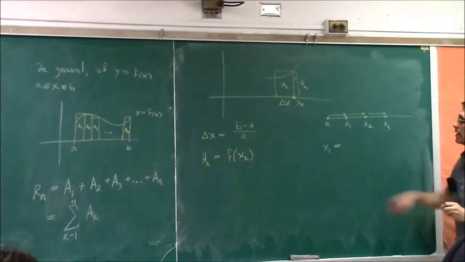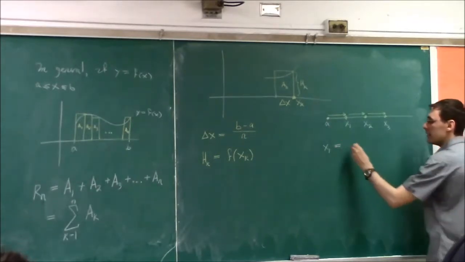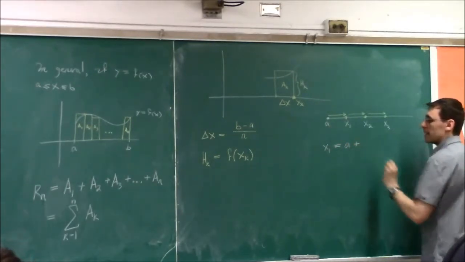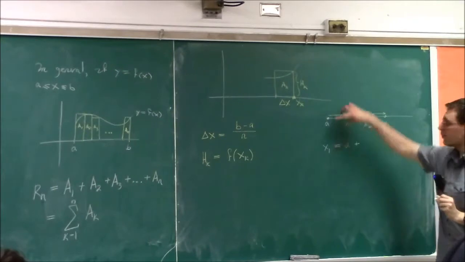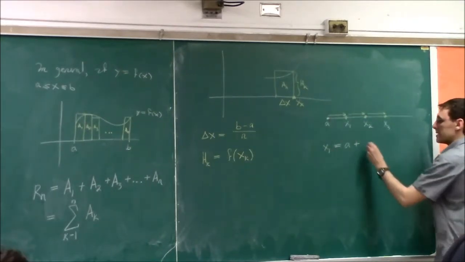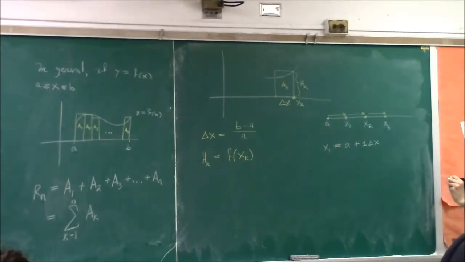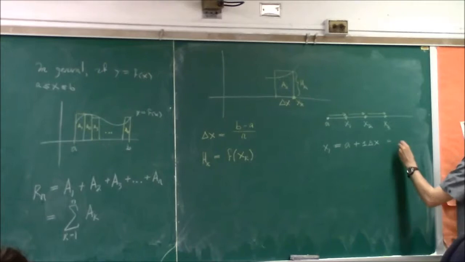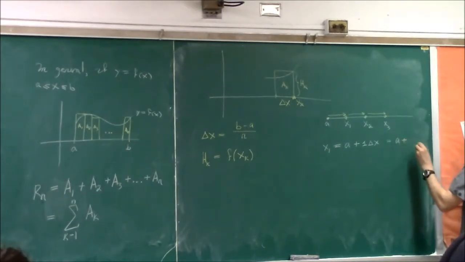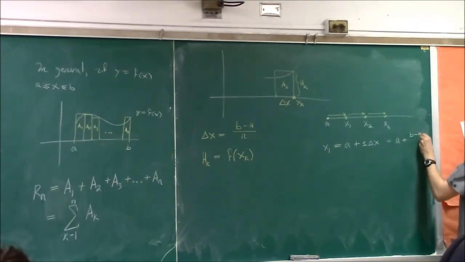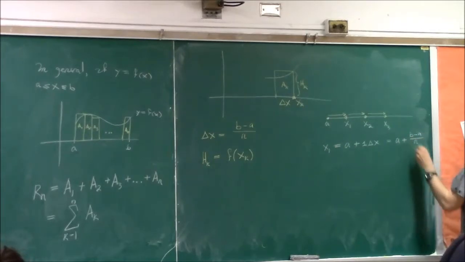So x1 is the point a plus, we move one displacement, plus 1 times delta x. Do you see that? So that's equal to a plus b minus a over n.